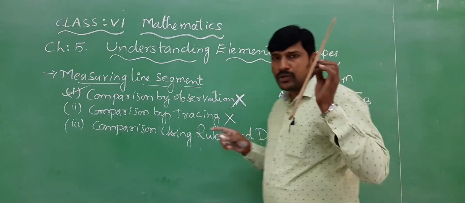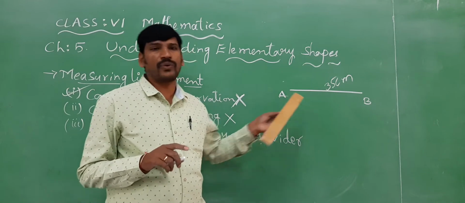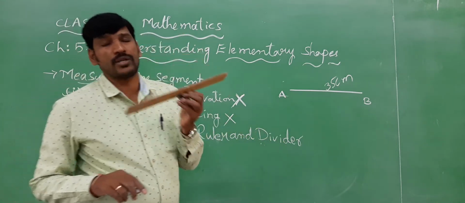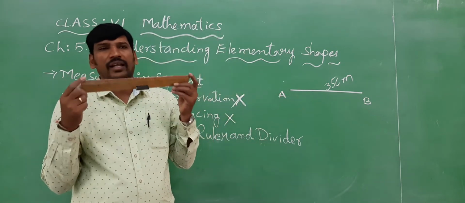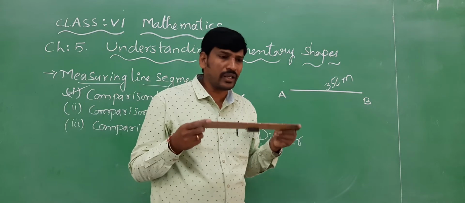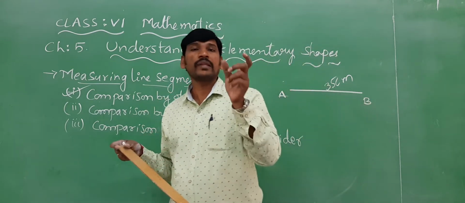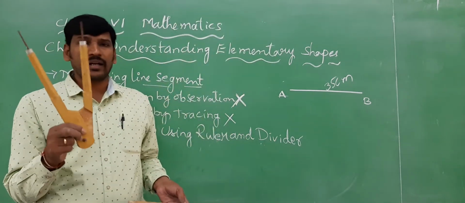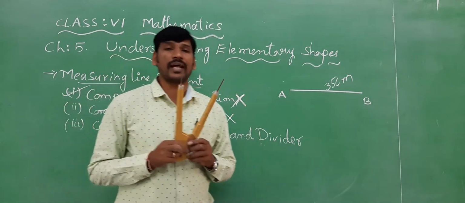So, by using this scale, is it accurate? Accurate means is it the exact value? We cannot say so even by using the scale, because of the thickness of the scale or ruler, we cannot give the exact length of the given line segment. But by using the divider, we will get the accurate value, the exact length of the given line segment.